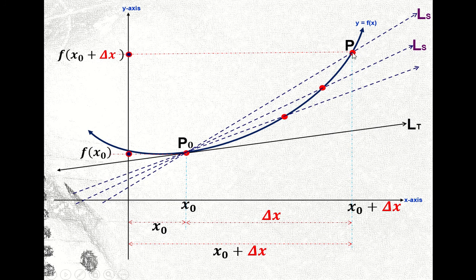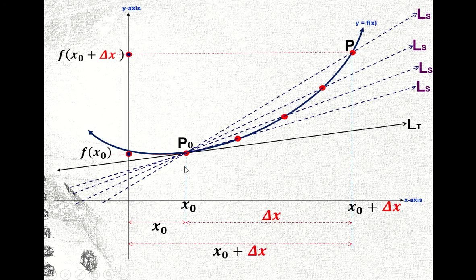Then as this point moves down to this point on this graph, our delta x is decreasing, and if it moves further down, the more our delta x decreases. Okay, if we move farther down, say at this point here, our secant line is approaching closely to the tangent line.